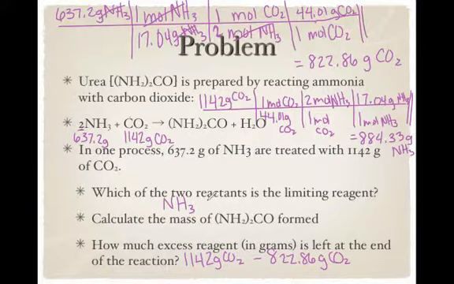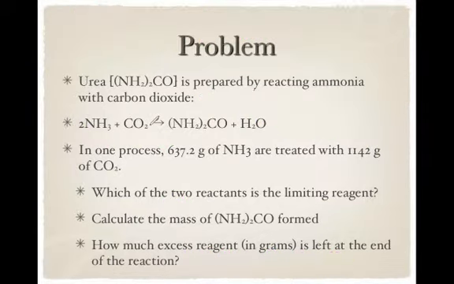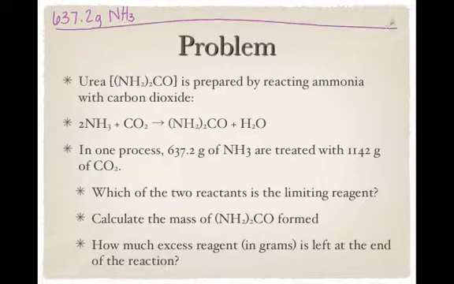I'm going to erase all of this. We're going to start fresh. So our limiting reactant was ammonia. So we're going to start with 637.2 grams of ammonia. This is for the second, how much product the urea is formed.